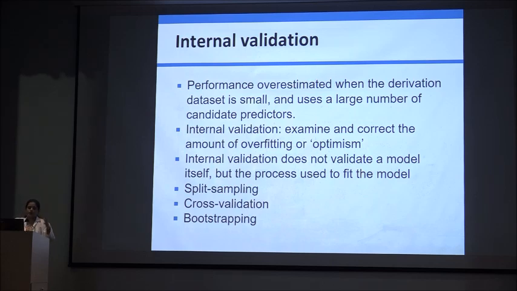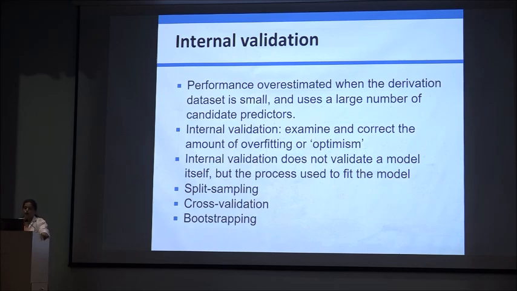So typically what is done, it's not the recommended approach, is that we split our sample. So split it 50-50 or 60-40 or 70-30. And one set constitutes the training cohort or derivation cohort, and the next set constitutes the testing cohort. So that's the cohort that you use to internally validate it.